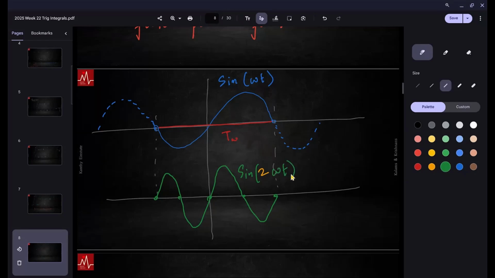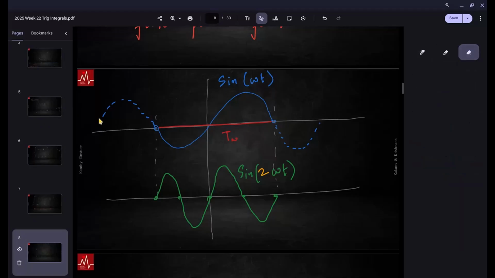It is twice as fast as the original one. You can afford to look at just one period. When it repeats once, this is repeating twice. This is your sine n omega t.